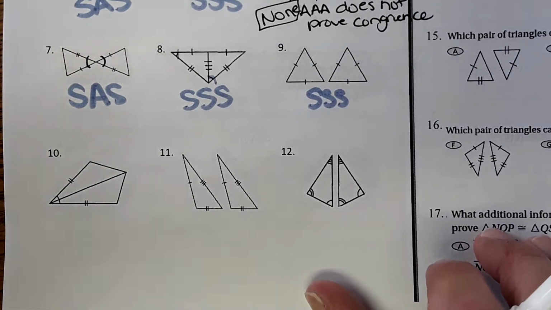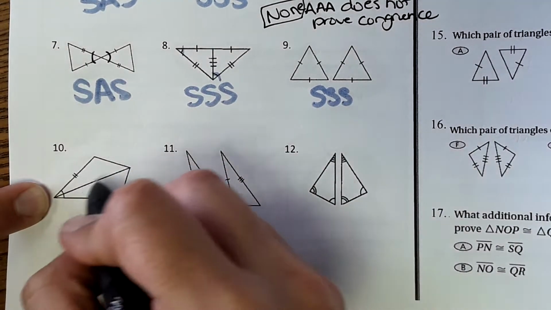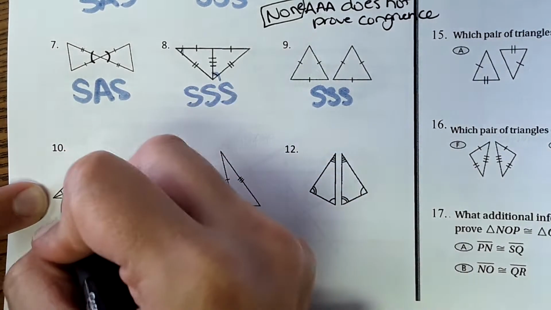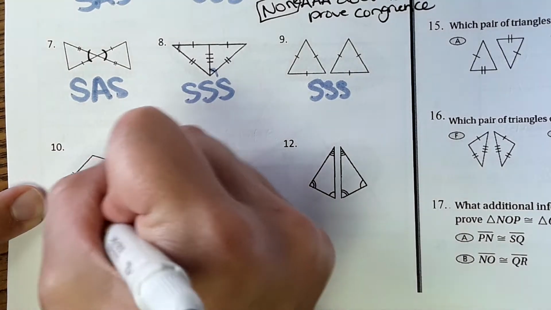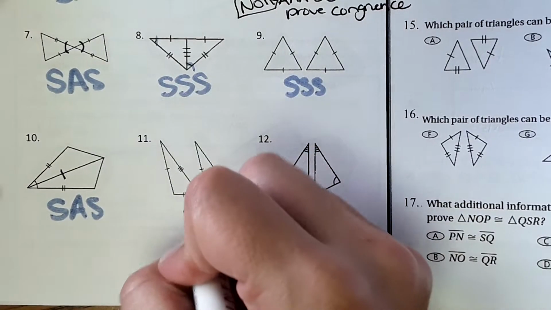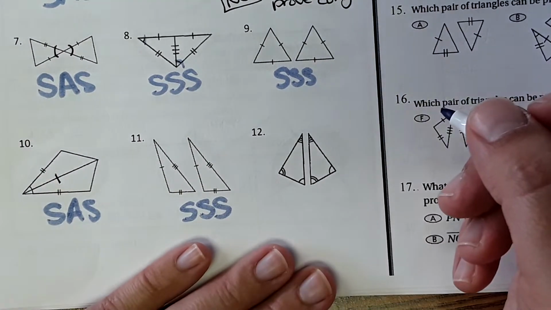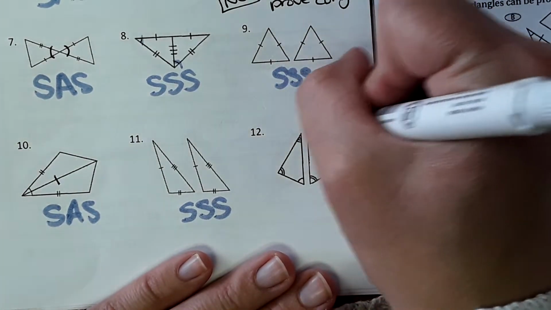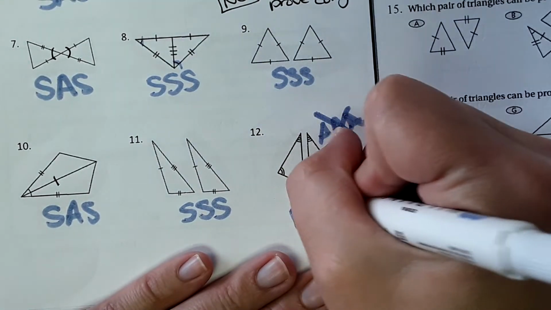And number 10, it has a side labeled and an angle labeled that's congruent. And then what's not labeled is just this side that they're sharing is congruent. So side, angle, side. 11, this is probably getting easy at this point. And 12 would be angle, angle, angle, which is none, doesn't prove congruence.